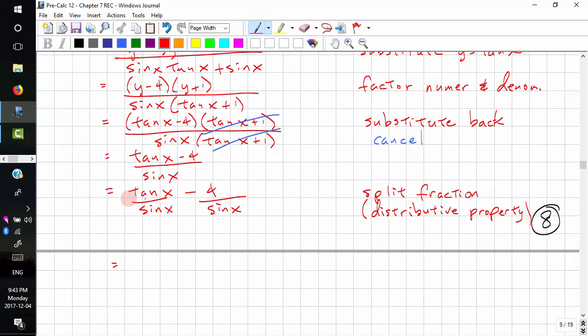Okay, we want to use the identity for this one. So this is sine x divided by cos x. And we're going to use the reciprocal identity for sine, which is cosecant x.